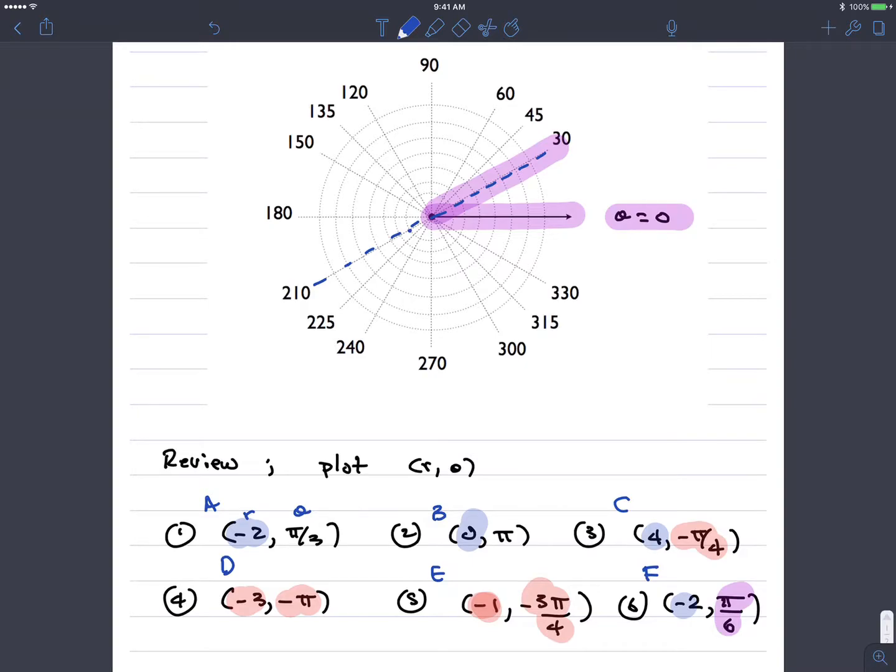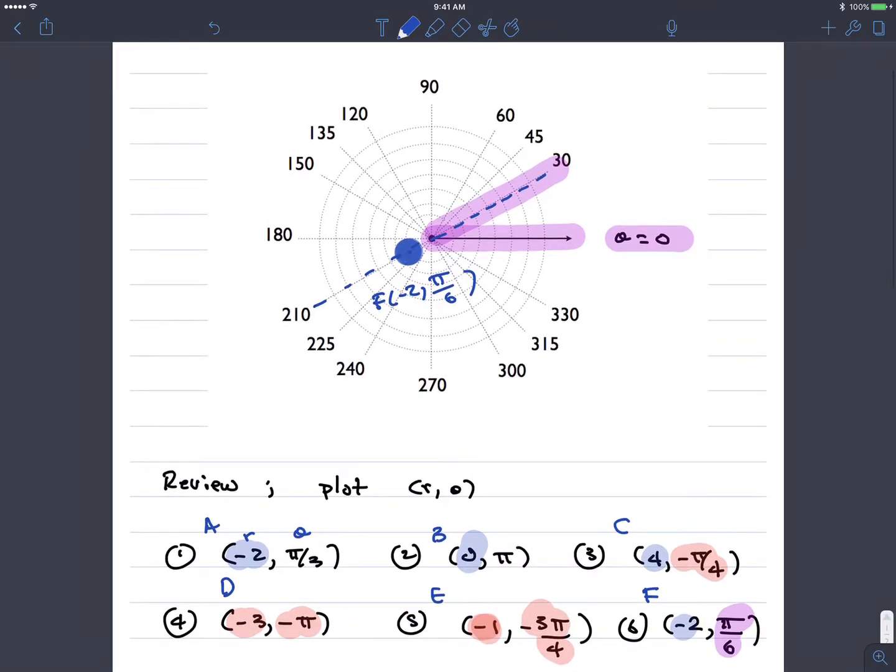So we look for 1, 2. This is the location of F. Has a radius of negative 2, but an angle pi over 6. So this is a review here of how to plot points in polar form. Okay, you guys okay with that? Or theta. Pretty big deal. Anybody have any questions on that one? Okay, let's erase now.